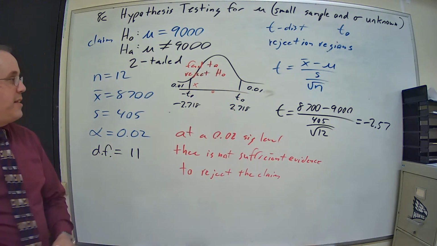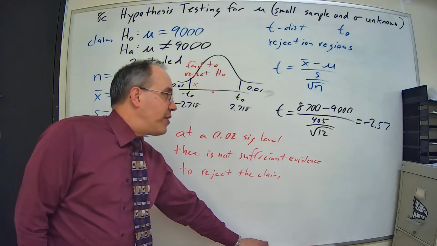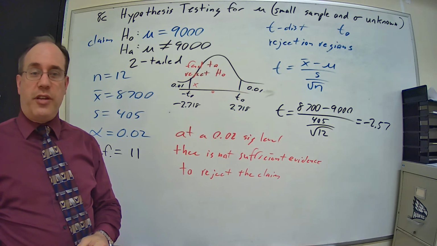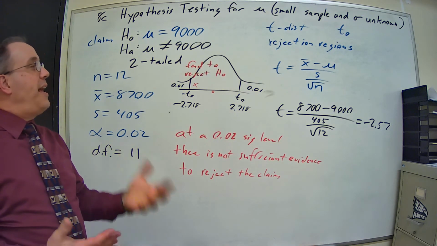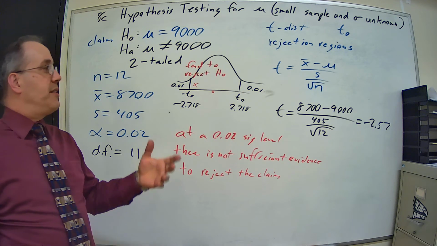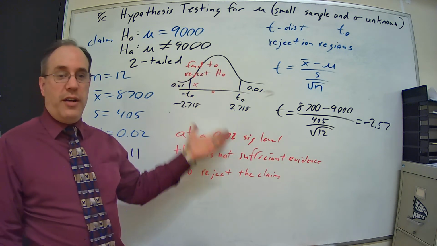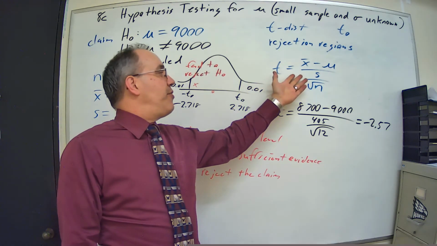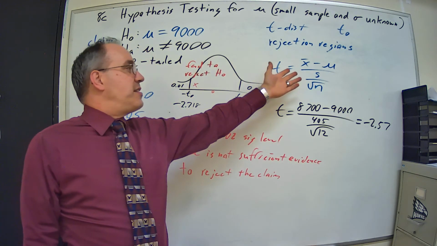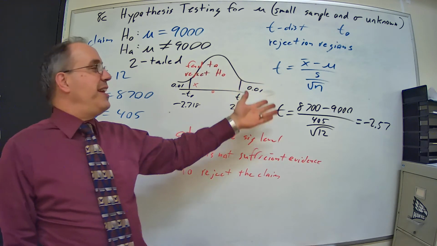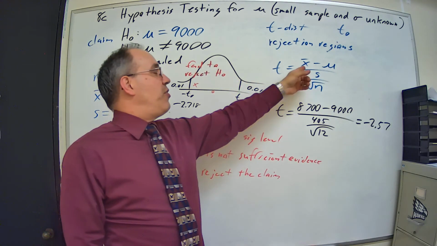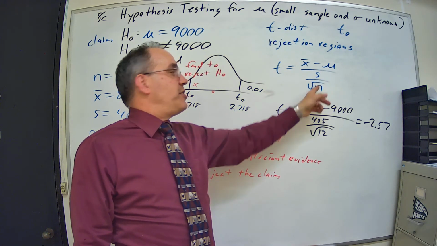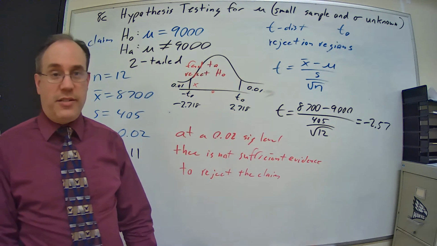So you see that when we're dealing with a small sample where the population standard deviation is unknown, the only real change to this is that we switch to a different table to get our critical values. The calculation from our test statistic to get our standardized value is essentially the same. It's still the sample mean minus the claim over the standard deviation divided by the square root of the sample size.